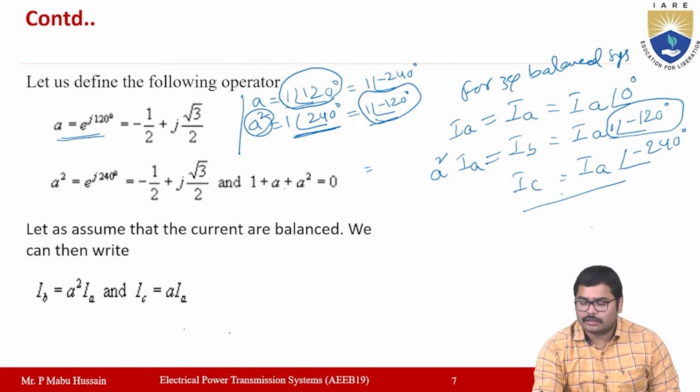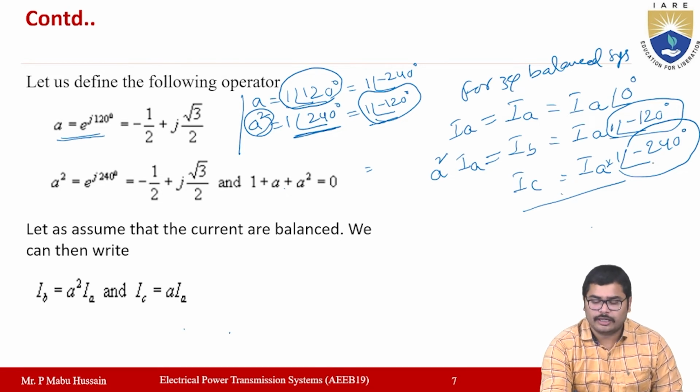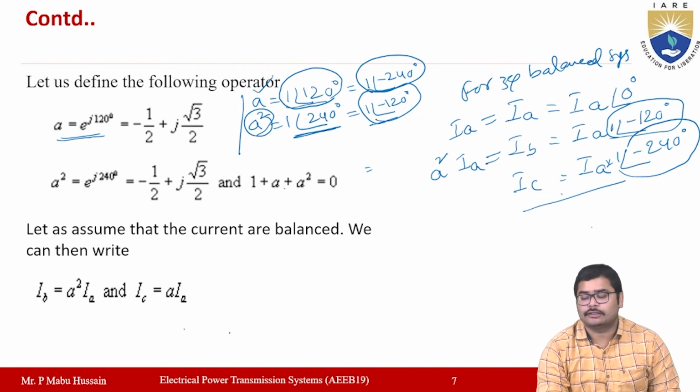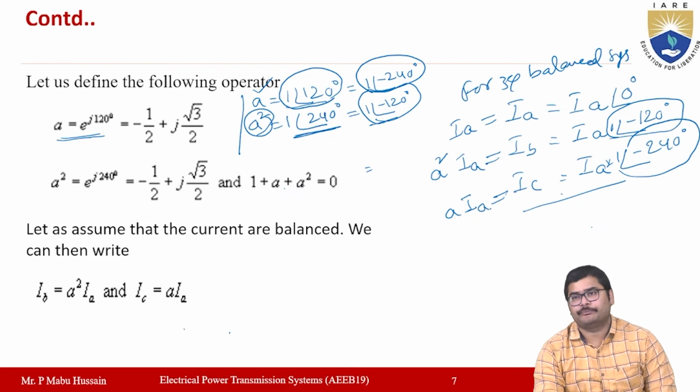And IC is IA into 1 at an angle minus 240 degrees, and 1 at an angle minus 240 degrees is A, so the value of IC will be A into IA.